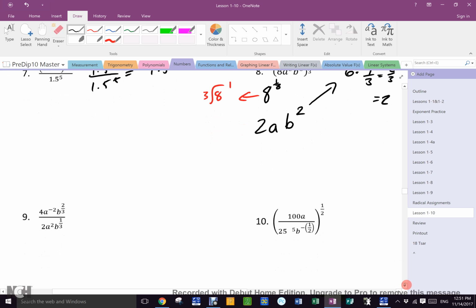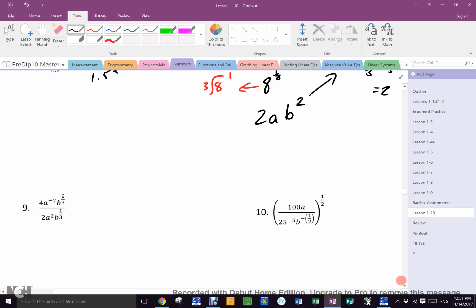Same thing. 4 goes into 2. 4 and 2 gets me what? 2. A and A gets me what? Negative 4. And B? The 1 over 3. Is that okay?